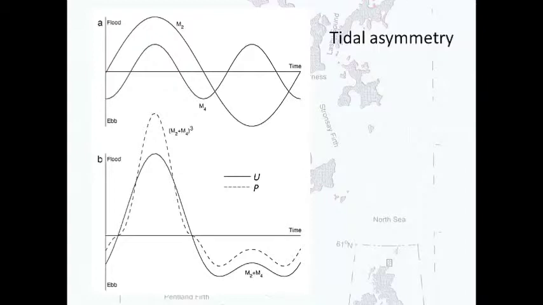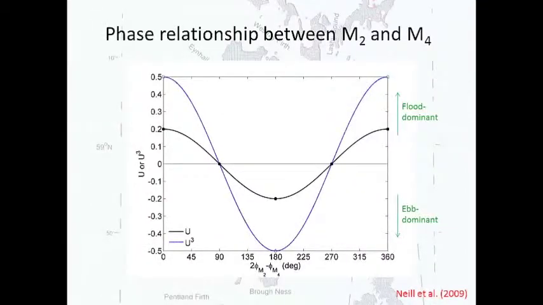Okay, and it turns out that if you do some quite simple mathematics, you can look at the phase relationship between the M2 and the M4, and that's plotted along the x-axis here. And here you can calculate the asymmetry. Okay, so the black line is the velocity, and units here are fairly arbitrary, so I've just cubed the velocity just to show that it's a bigger effect when you're considering power.